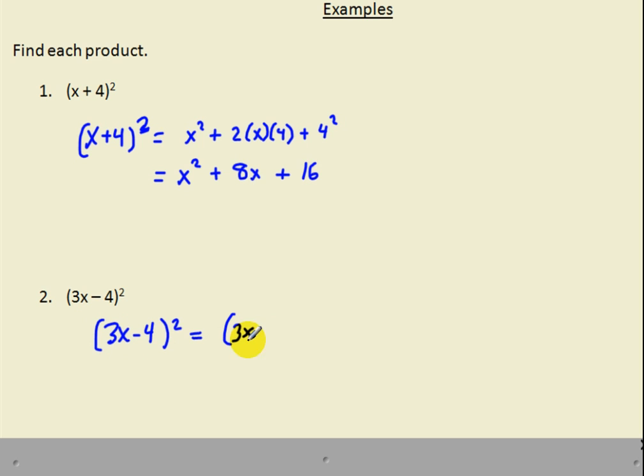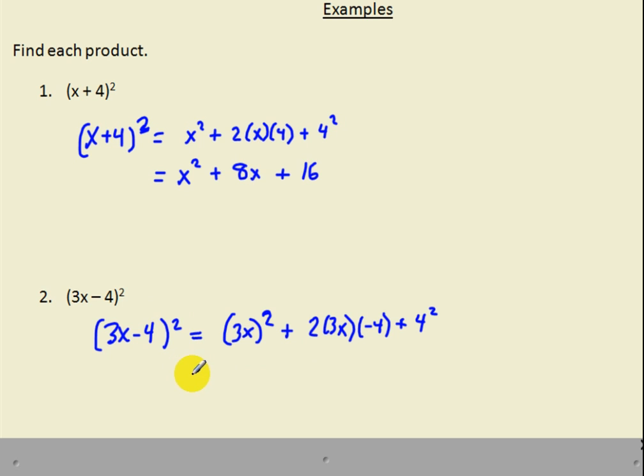So I'm going to put (3x) in parentheses squared plus 2 times 3x times negative 4, and then plus 4 squared.